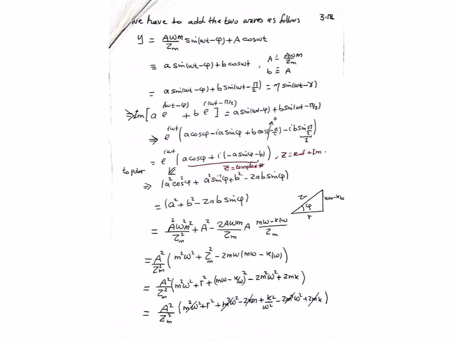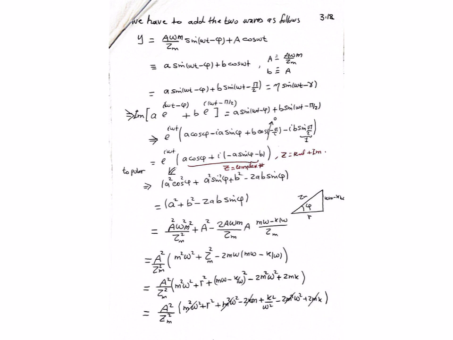Now let's take the term between the two brackets. Take exponential i omega t as a common factor. Then we have A exponential minus i phi, which is equal to A cosine phi minus iA sine phi, plus the second term B e to the minus i pi over 2, which is minus iB sine pi over 2.